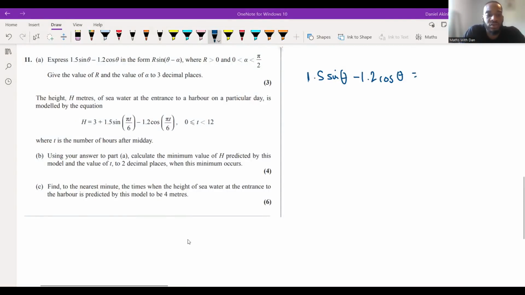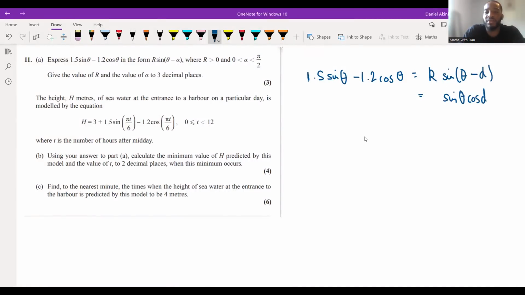Because it says in the form, we know that this is going to be equal to r sin(theta minus alpha). Now, according to our identity, if I remove the r, this is going to be sin theta cos alpha.